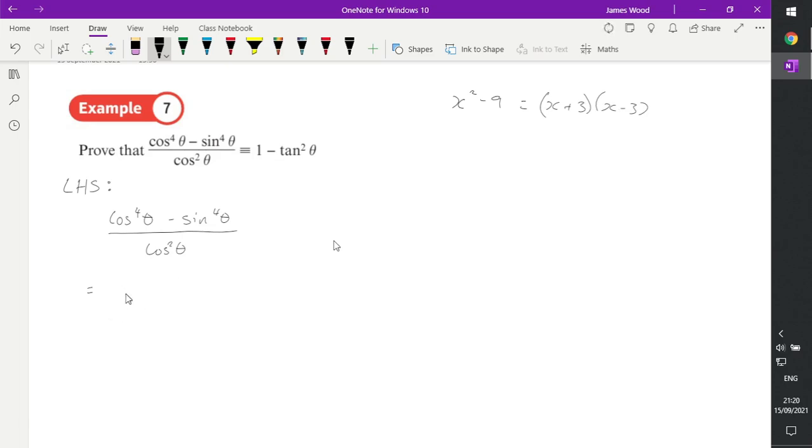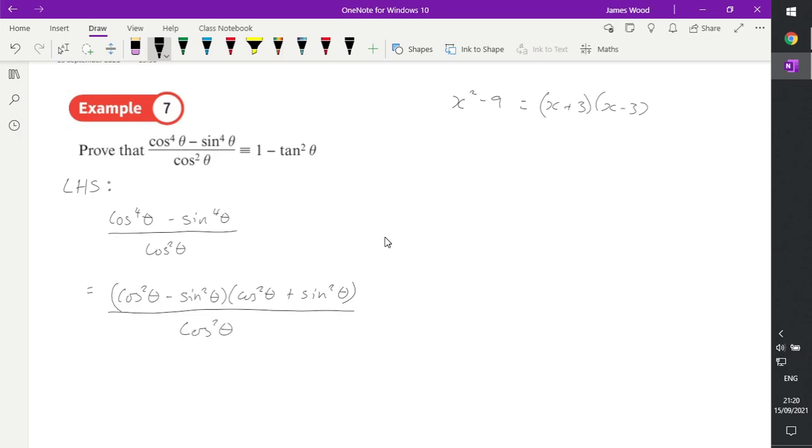So here I can rewrite this as cos squared theta minus sine squared theta, multiplied by cos squared theta plus sine squared theta, and that is all over cos squared theta still.